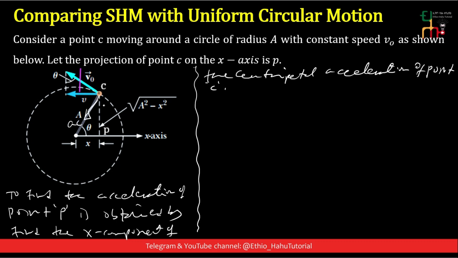This is centripetal acceleration. This centripetal acceleration has two components. One is a vertically downward component, and the other is a component which is directed towards the negative x-axis.